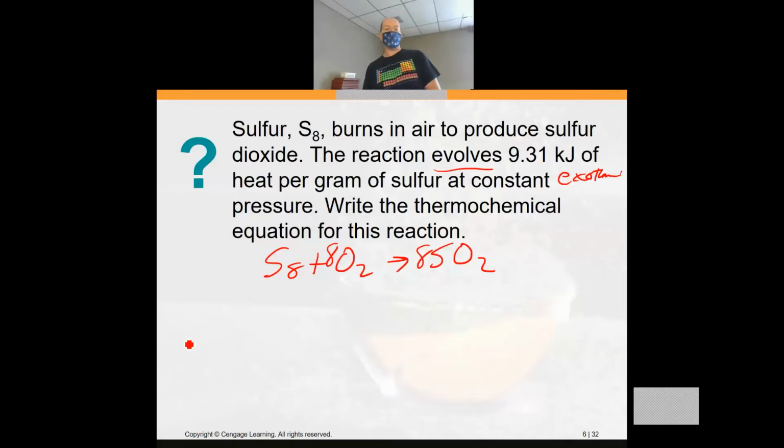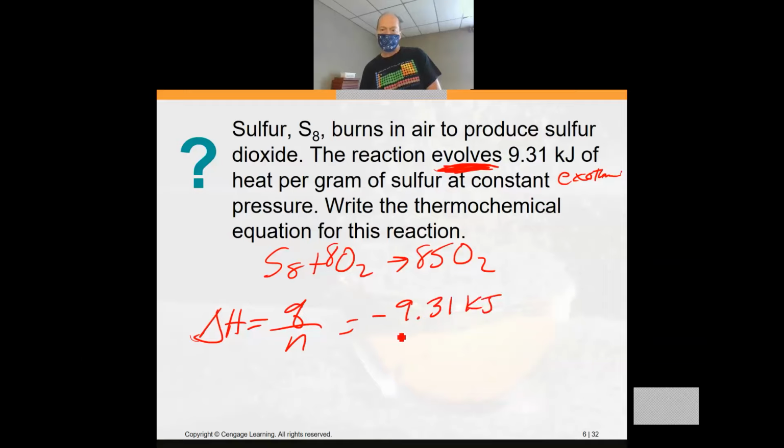Now your delta H is Q over n. To find your delta H, you need the Q divided by n, which is moles. We have the Q value. You have to see that this says evolved, so you have to know that Q is negative 9.31 kilojoules. But that is not per mole, that is per gram of sulfur. So you have 1 gram of sulfur, and then you need the periodic table, 32.06 I do believe is sulfur, 32.07 maybe.